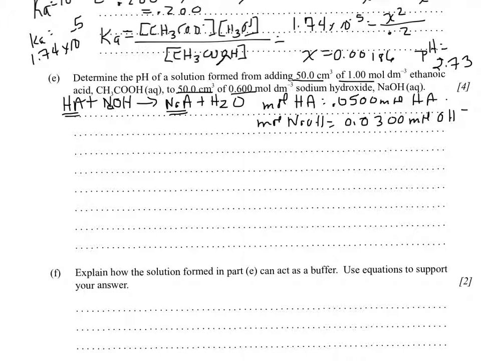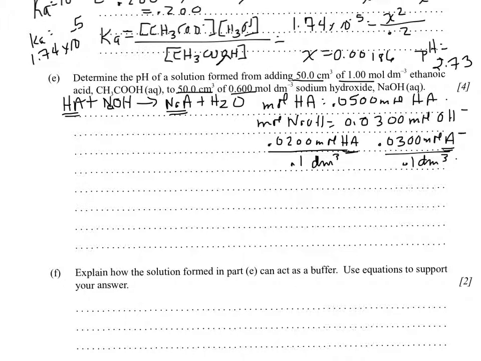If those two react, I'm going to have 0.0200 moles of HA in solution and 0.0300 moles of the anion. This is the ethanoic acid, and this is the anion from that. I'm just using shorthand. Now in an ice table I need concentrations, so I'm going to divide these by the total volume, which is 0.1 decimeters cubed.